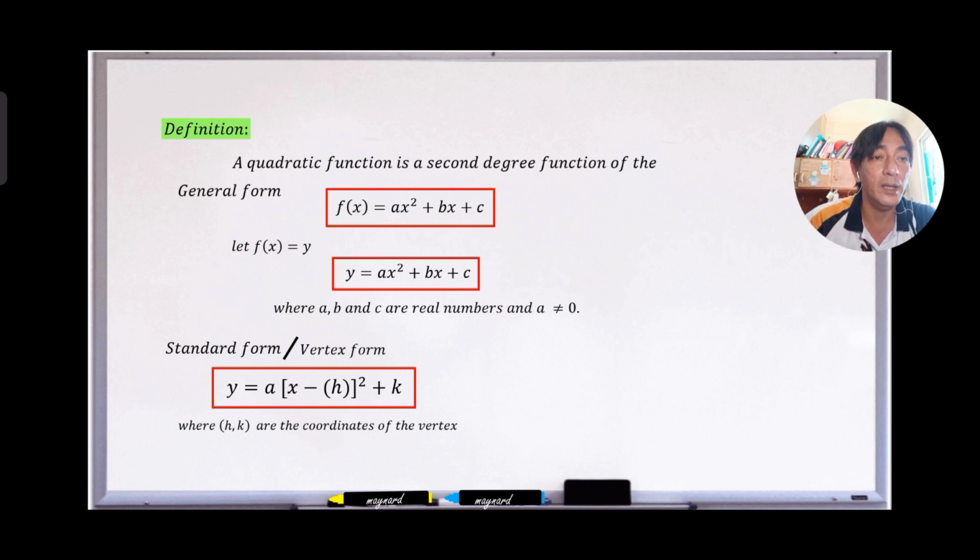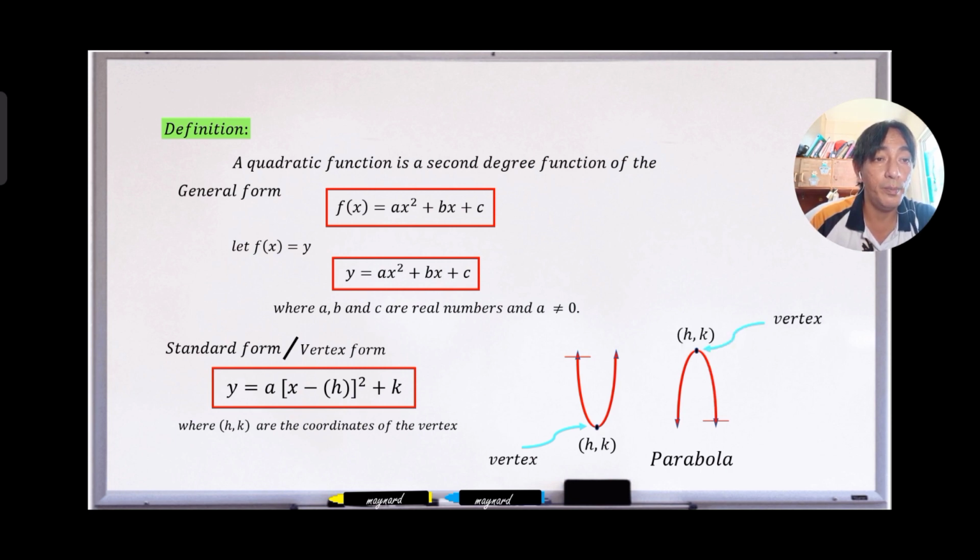Okay, kasi ang graph natin dito is called the parabola. So, makikita nyo, the parabola opens upward. Yung vertex niya nasa lowest point or minimum point. Okay, so yun yung coordinates ng vertex, h, k. Kung opening downward naman, yung vertex niya is at the top or nasa maximum point siya.